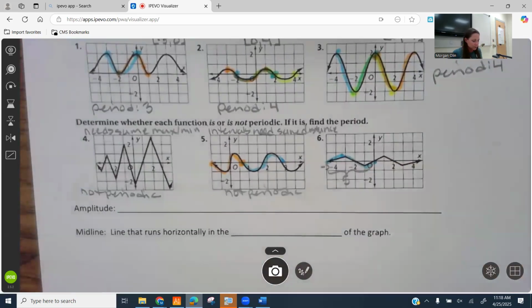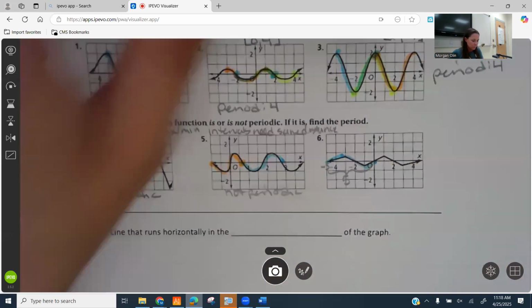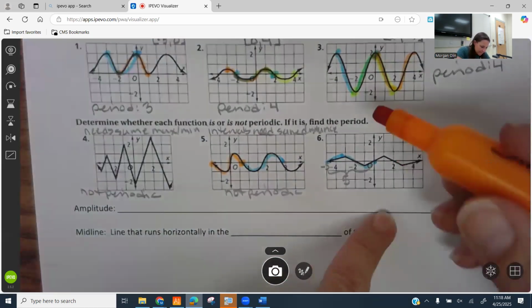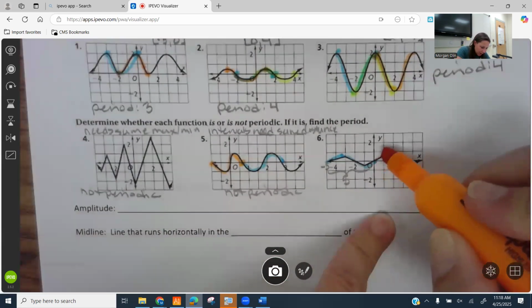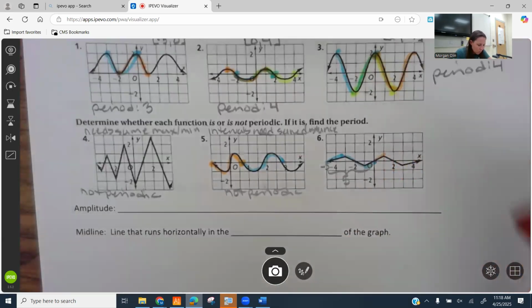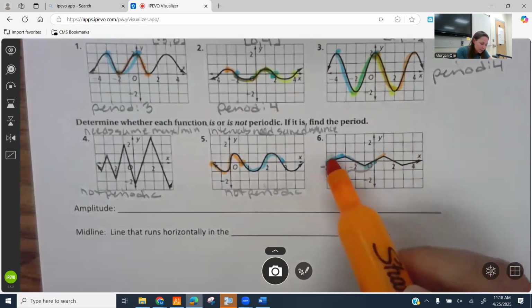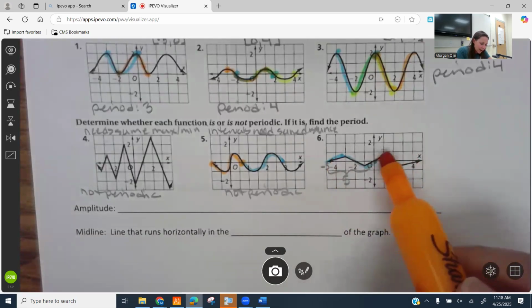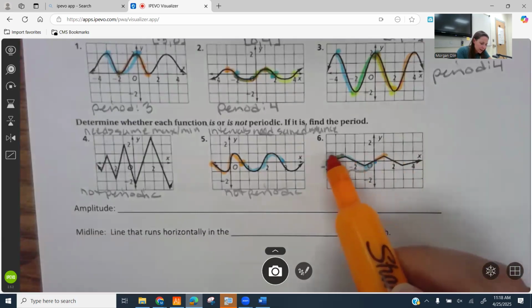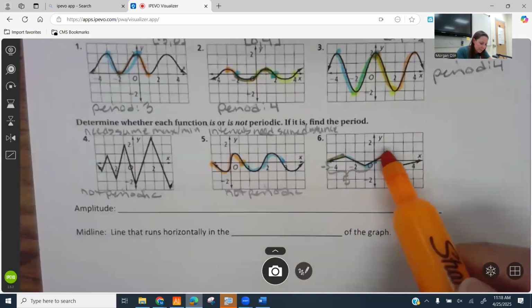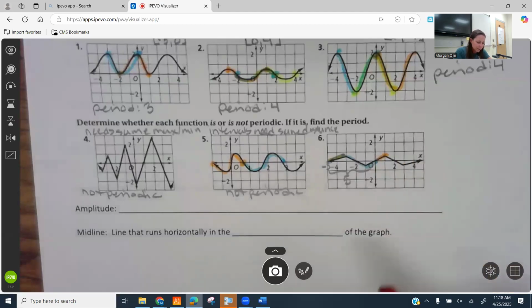All right, now let's look at this one. Okay, we come up. All right, now wait a minute right here. Do you see how this comes up? Yes, it goes to the same height, but do you see how this part right here isn't as steep as that part right here? This is actually steeper.